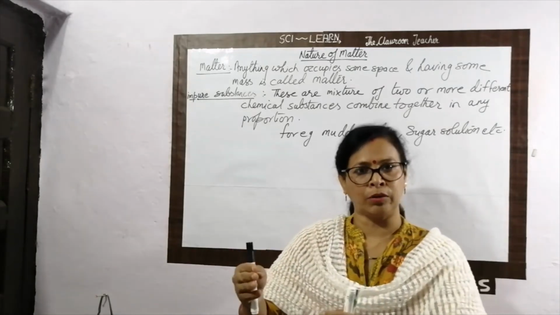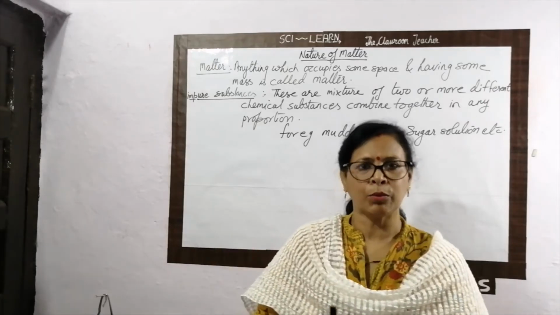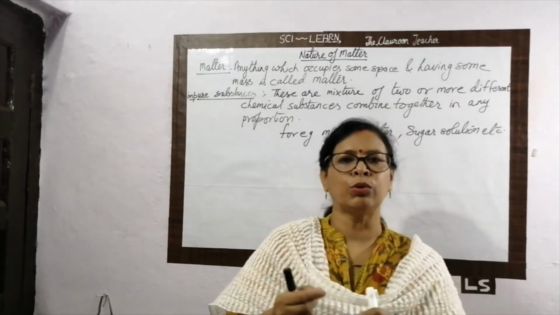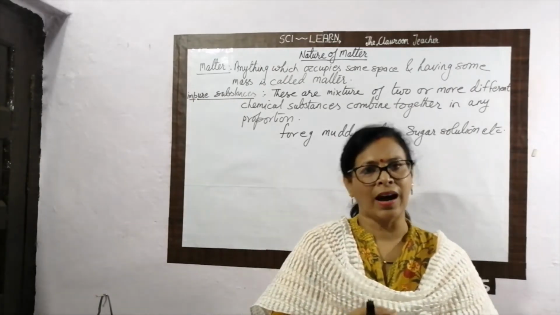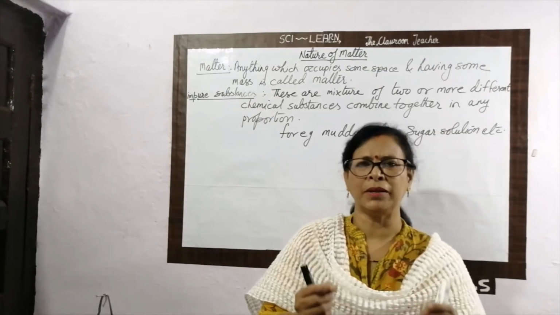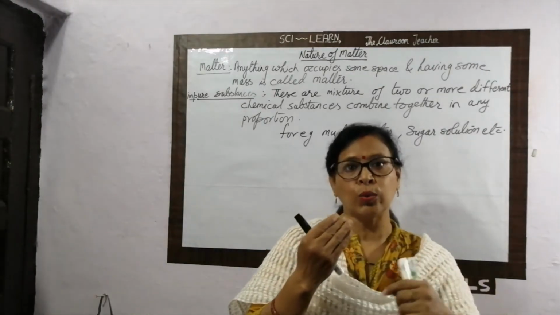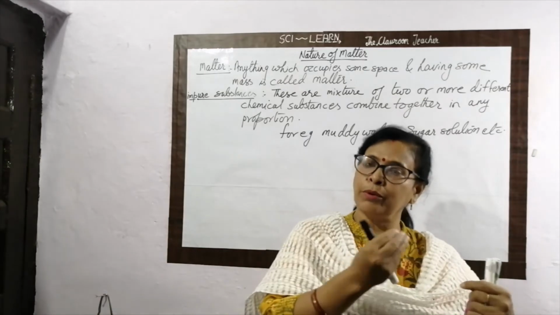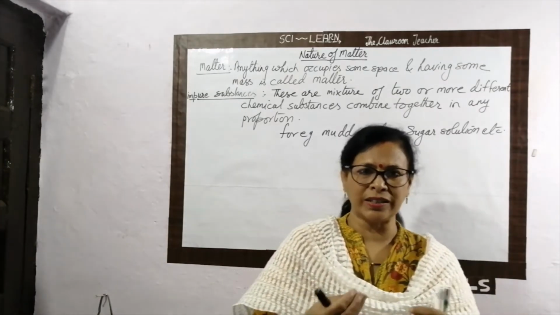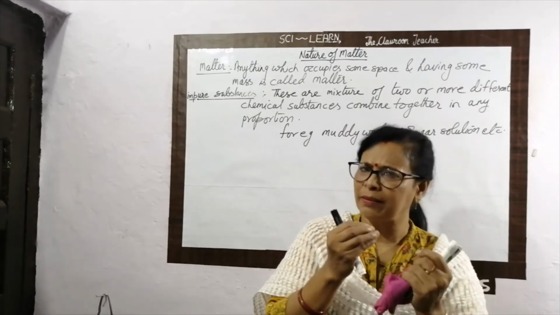No. The amount is calculated in spoons only. You take one spoon, or 1.5 spoons. If it is a little bit more or less, it does not matter. If you are a sweet lover, you put a little more sugar.